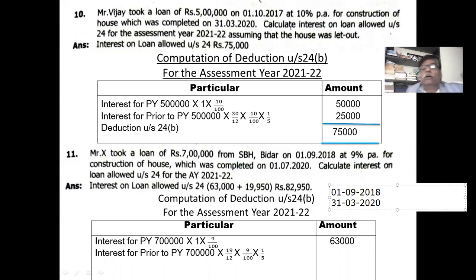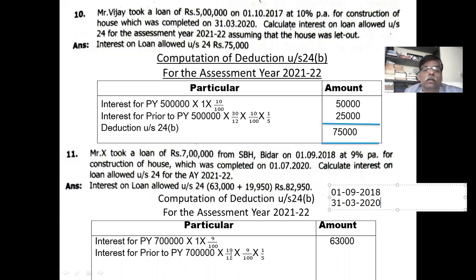This is the prior to previous year period. 1/9/2018 to 31st March 2020 is the prior to previous year. For this period, you have to calculate interest. I think it is 19 months. You check it.